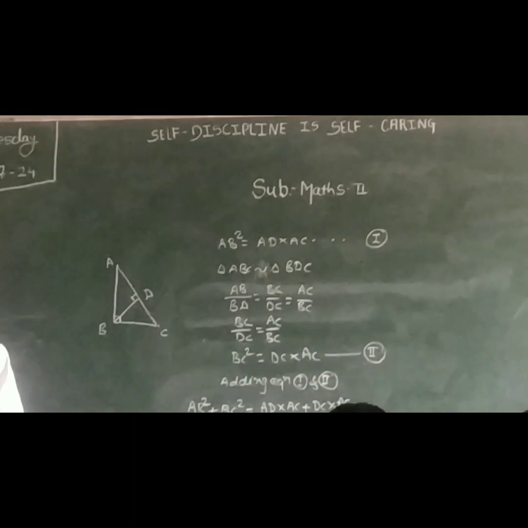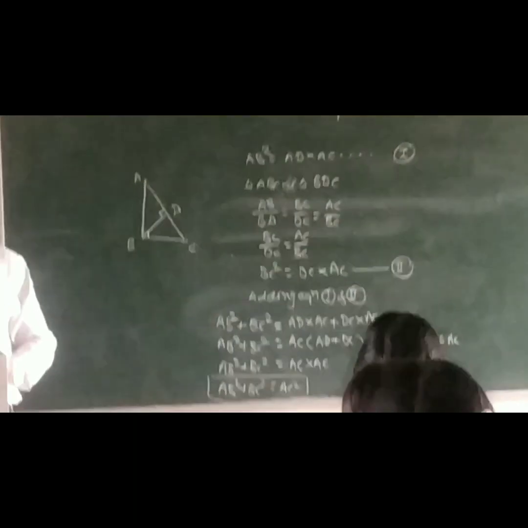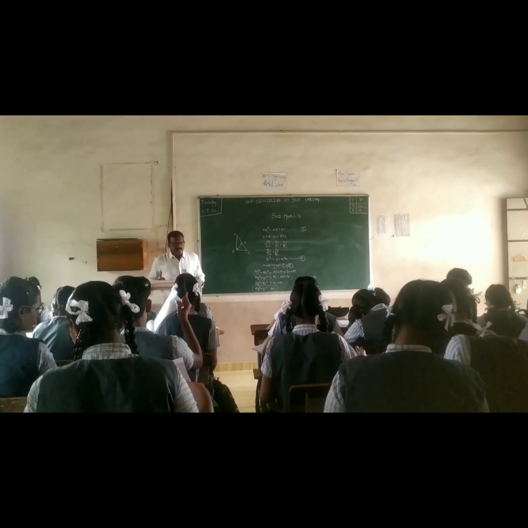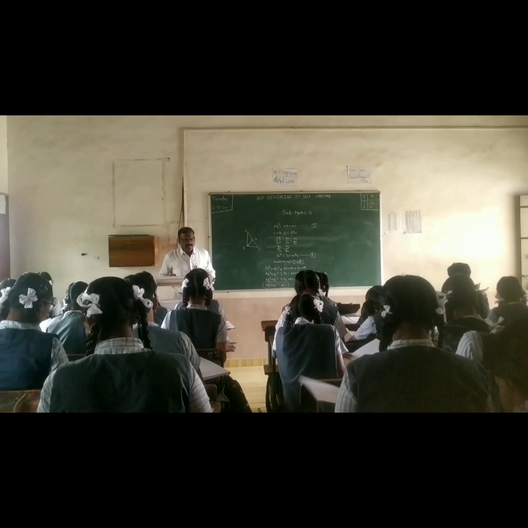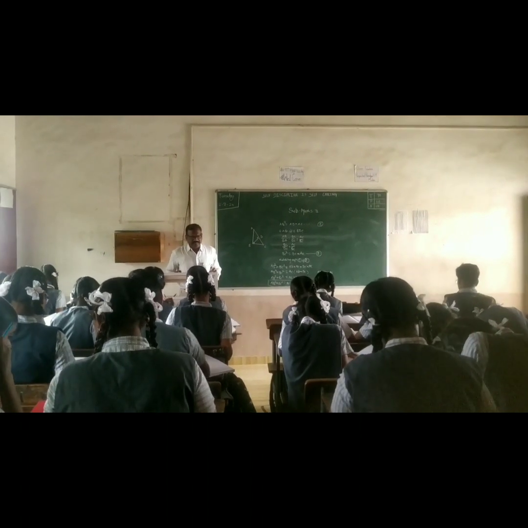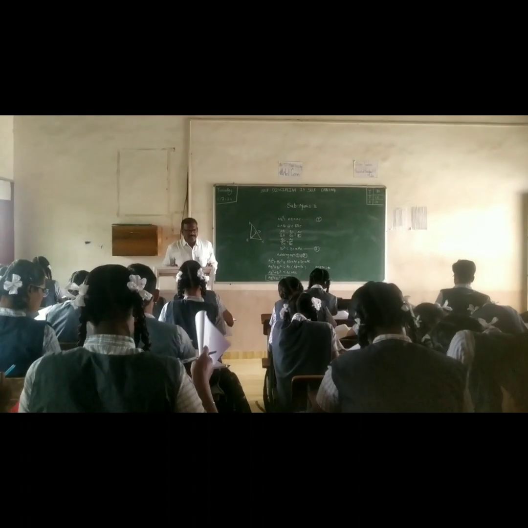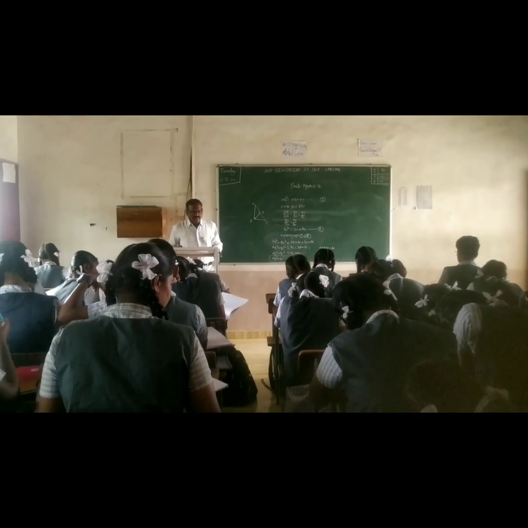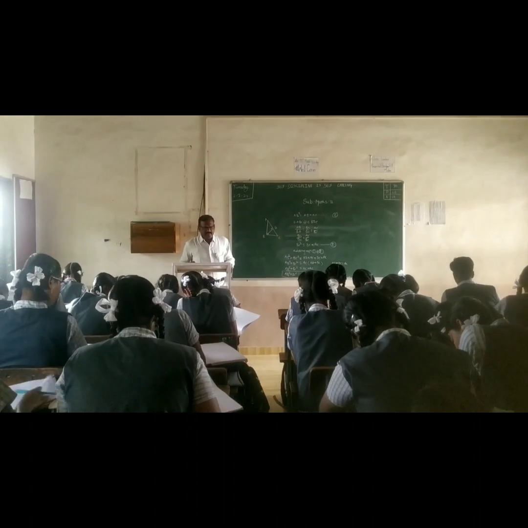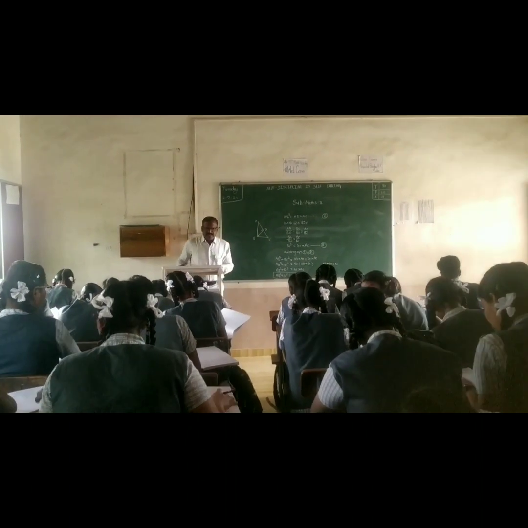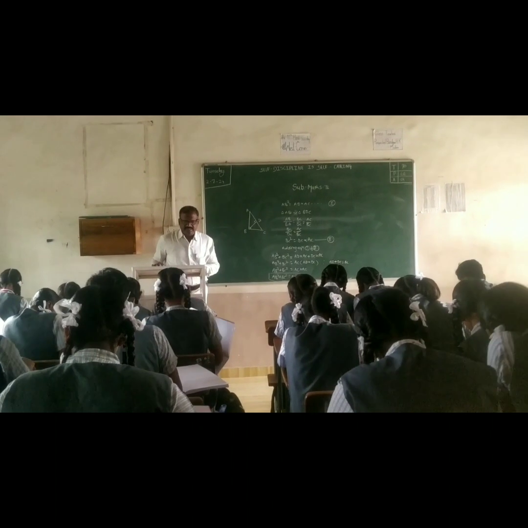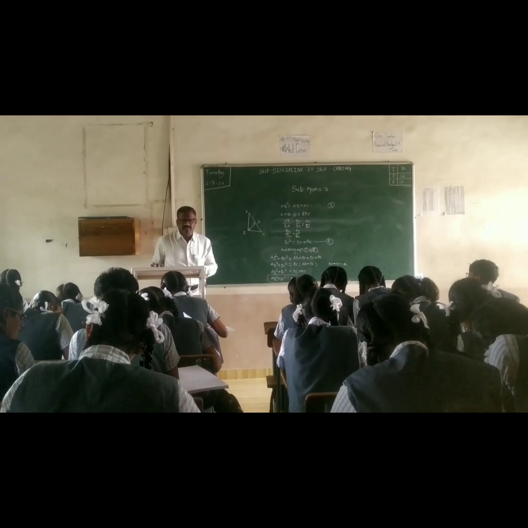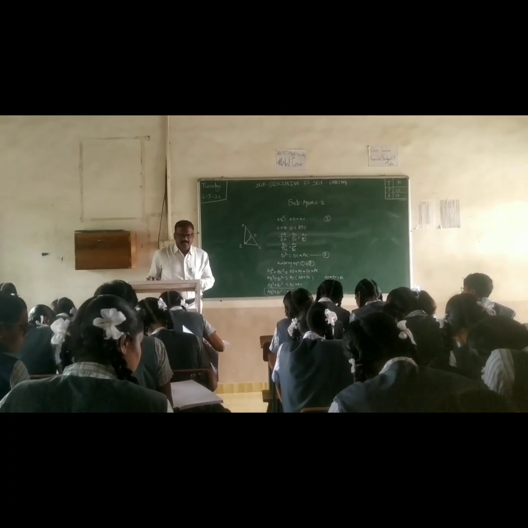Write down: triangle ABC, angle B is equal to 90 degrees, angle A is equal to 30 degrees, and side AC is equal to 14. Then find AB and BC.